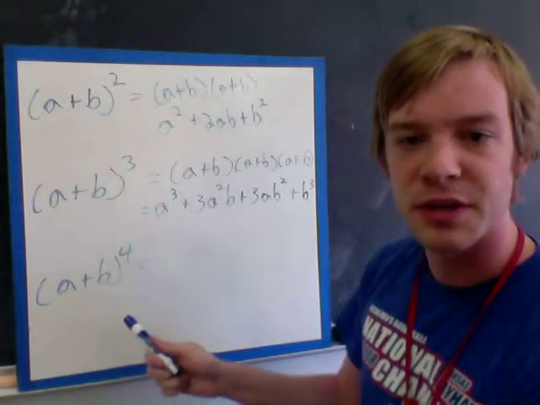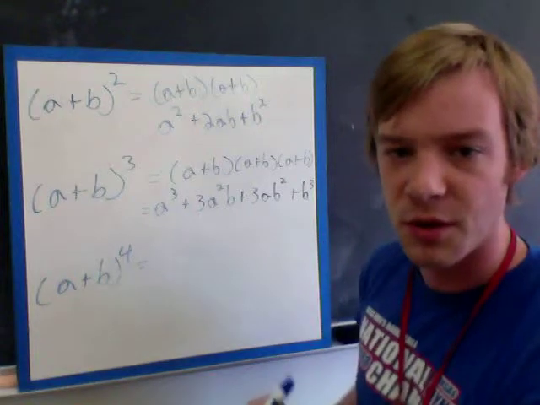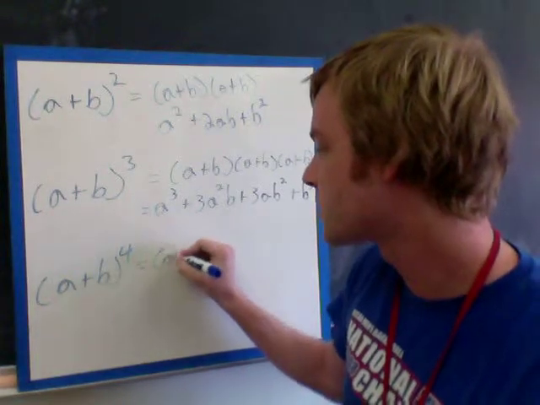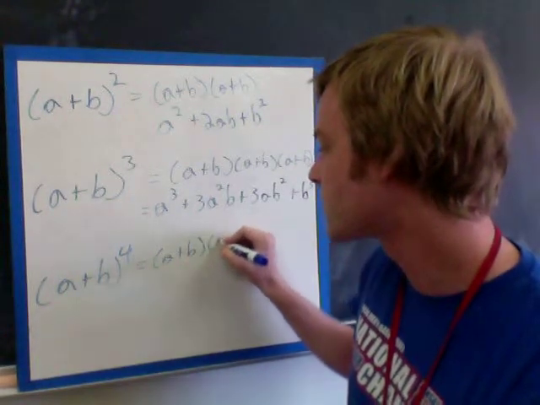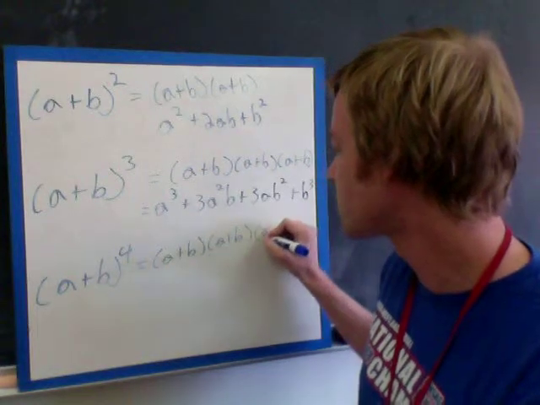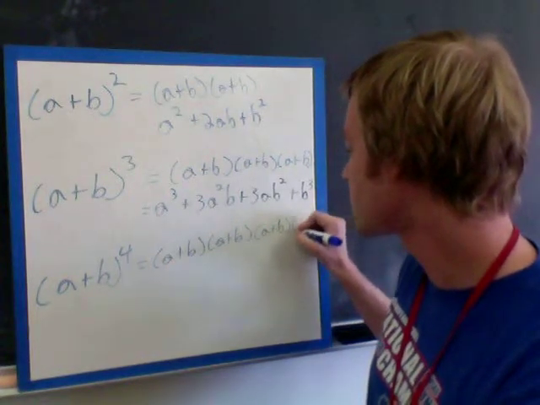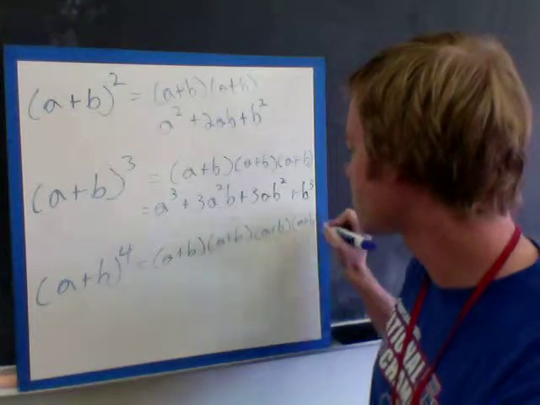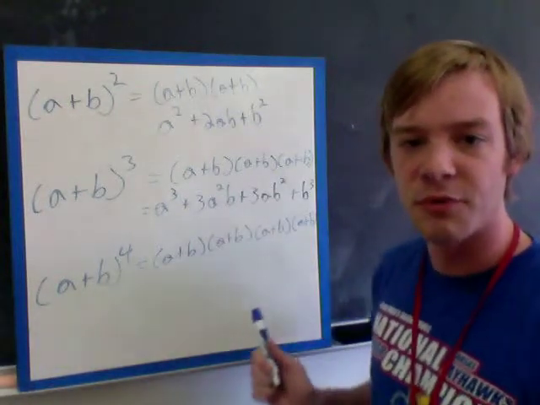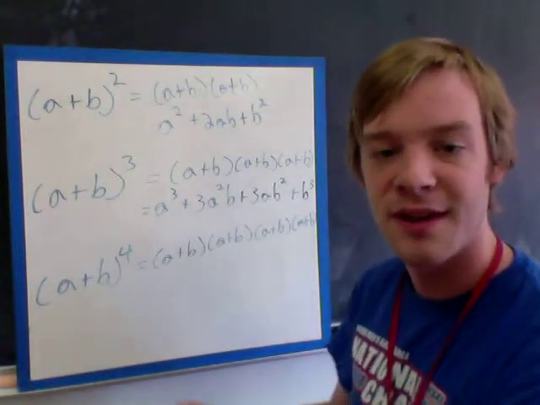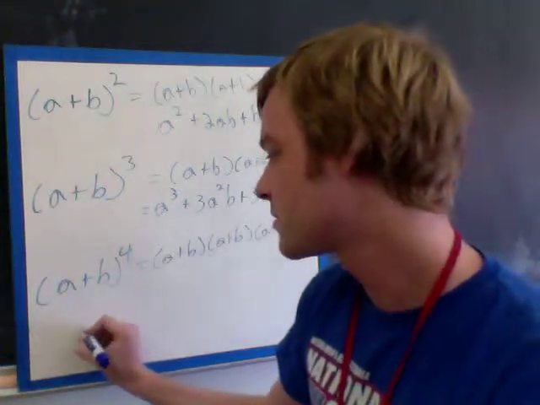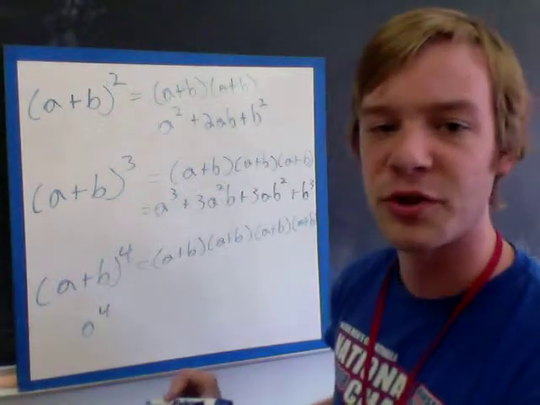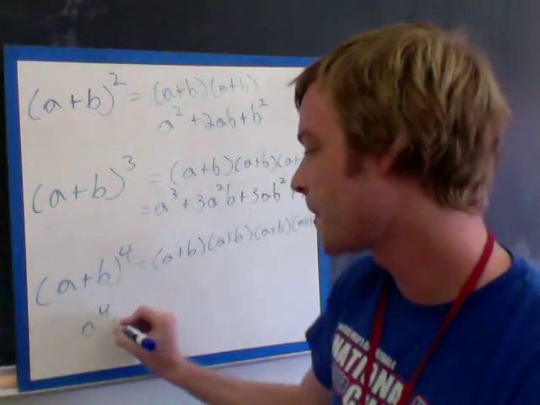So for the last one here, we would have four of these all multiplied. And if we were to actually multiply these out, we would end up with a to the fourth. Hopefully you're noticing a pattern here.